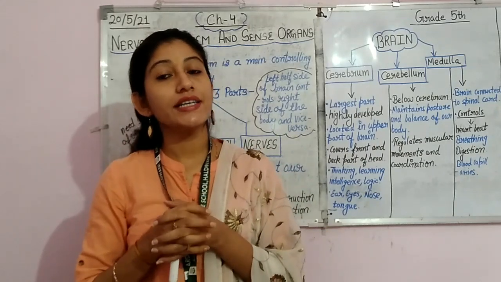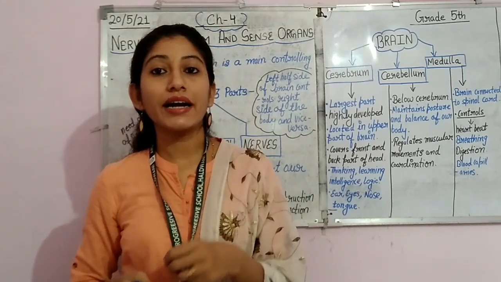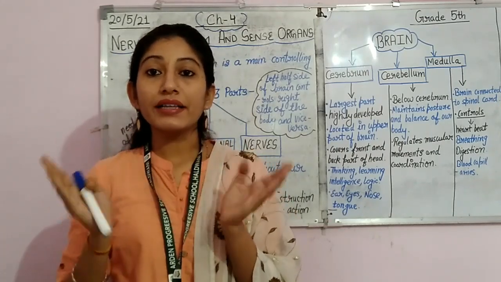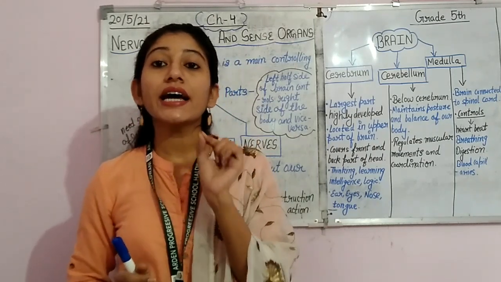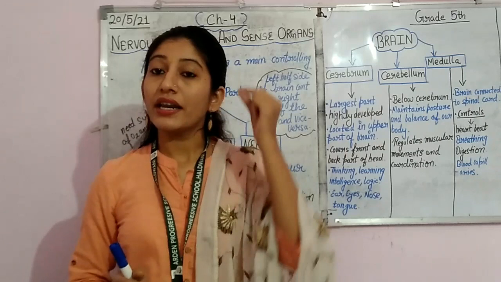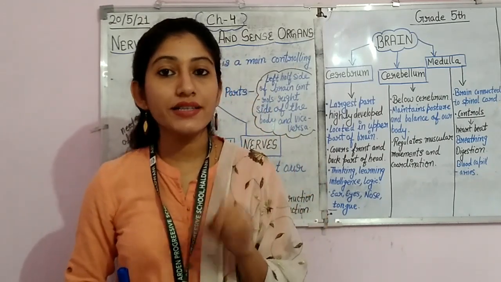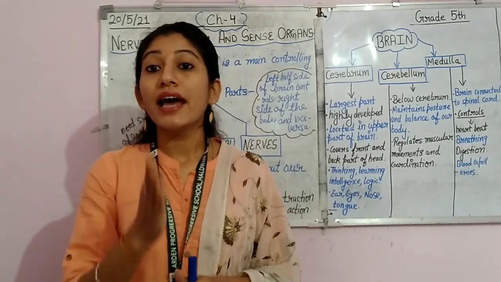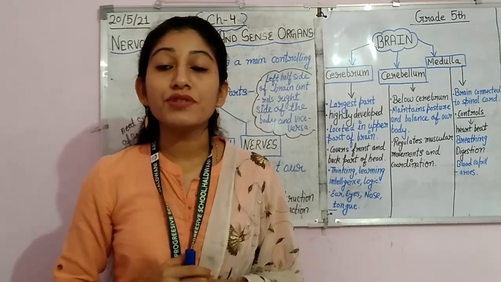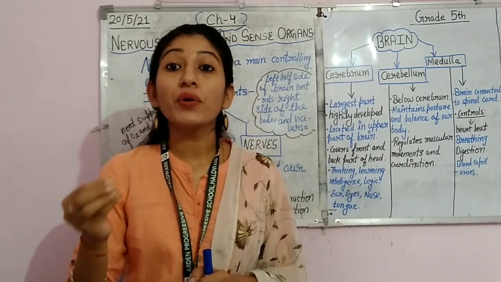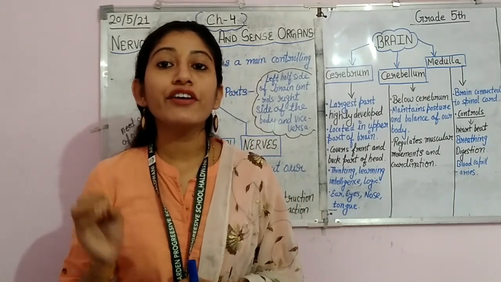The brain is a very soft organ that is protected by the skull, and there is some gap between the brain and the skull. That gap is filled with some jelly-like fluid.